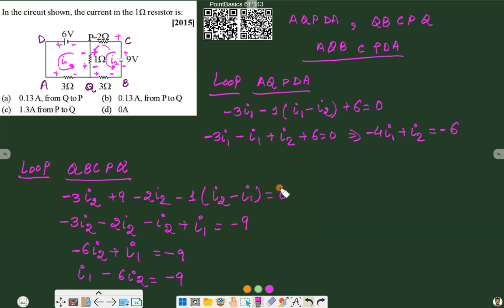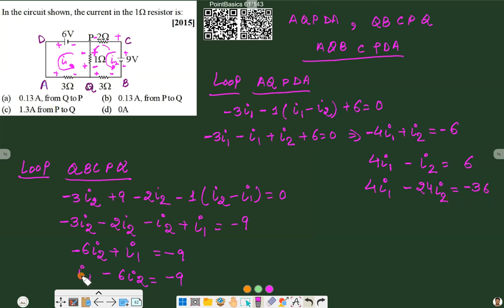Now here we have positive, here we have negative, so let's make it positive. So this will be 4 I1 minus I2 is equal to 6, and multiply this whole equation by 4. So this will be 4 I1 minus 24 I2 is equal to minus 36.